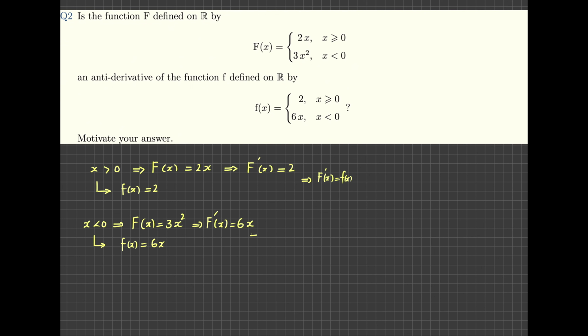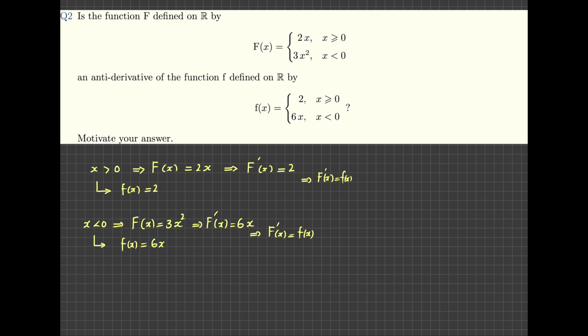So you see that again the derivative of capital F of x matches the value of little f at x. But this doesn't mean that capital F of x is an antiderivative, because I have a problem at 0. So in order to understand that, let me check if this function is differentiable at 0.